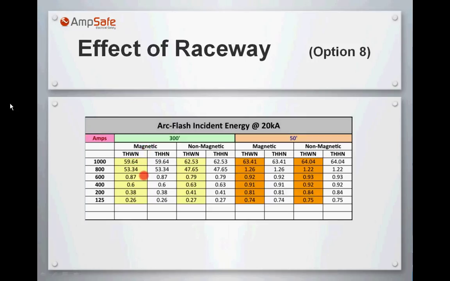You can see that the difference in arc flash incident energy due to the insulation of the conductor is almost non-existent, though there is a difference between magnetic and non-magnetic. For example, here it is 0.87 and here it is 0.79. It's a small difference, correct? That is at 300 foot. Now let's see the difference for a 600 at 50 foot, 0.92 and 0.93. So it's very, very low. I will not spend a lot of time on it.